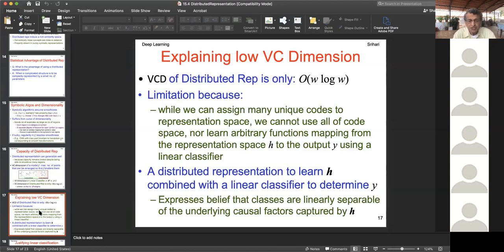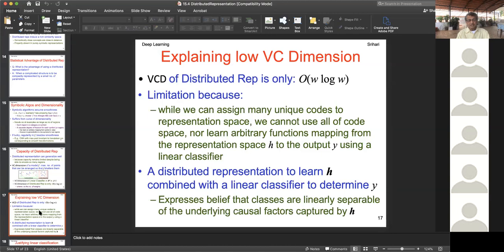And a distributed representation to learn H combined with a linear classifier to determine Y expresses belief that classes are linearly separable of the underlying causal factors captured by H. So the limitation comes about because the final classifier you have is still linear, right?